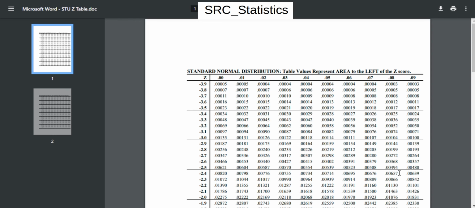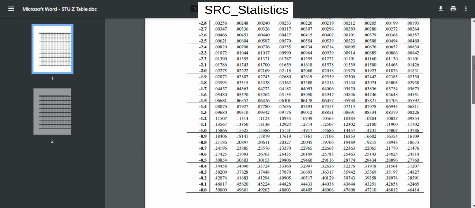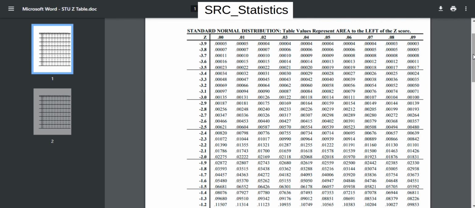Here we find the Z table, the standard normal table, with the area to the left of Z. We find the value of Z equal to negative 0.5, and after the decimal we have 0.5 and then 0, which means this is the first column, 0.00.